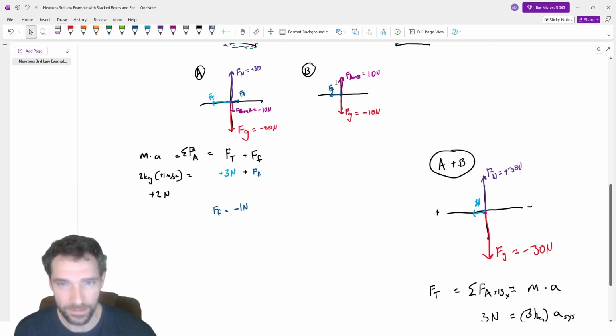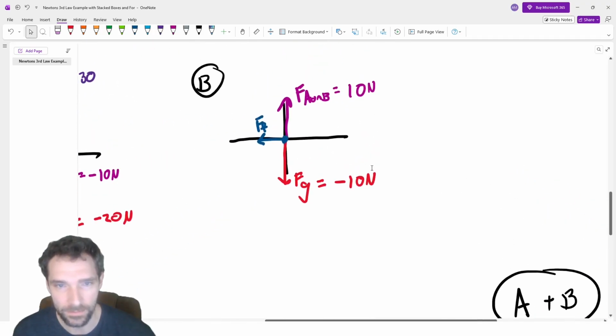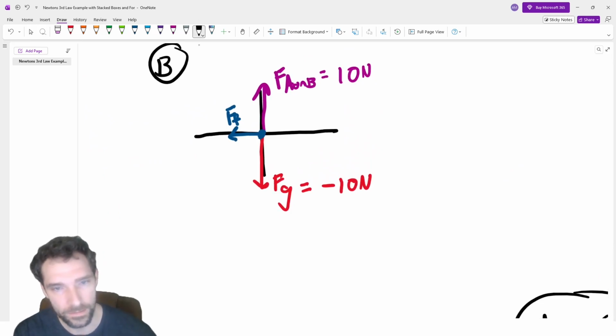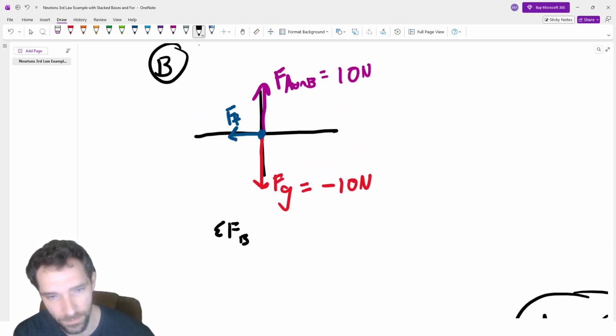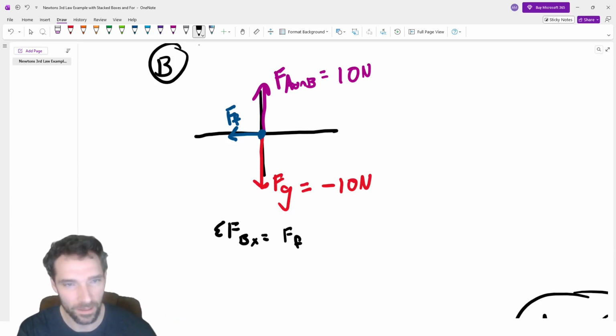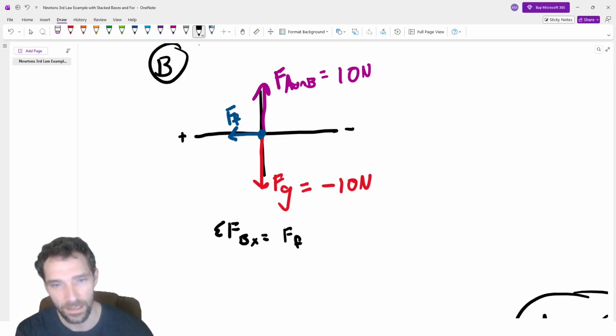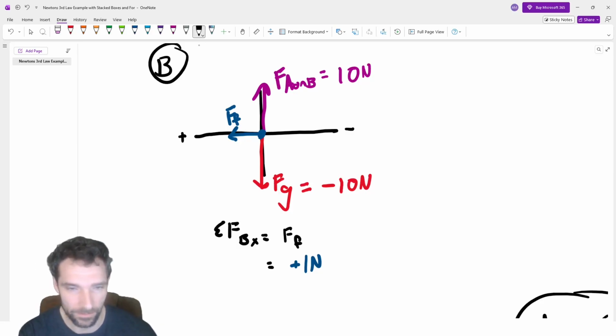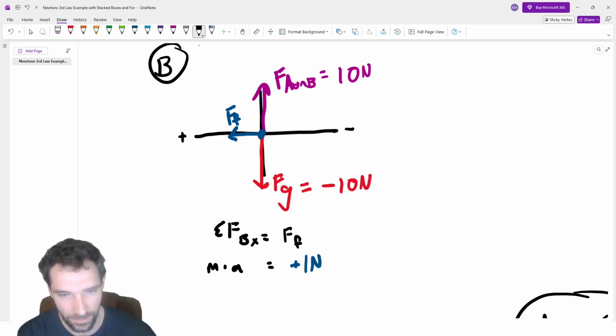And that lets us talk about what's going on for object B. So if we look at object B, its sum of forces in the x direction is just that force of friction. And because that's the positive direction going to the left side, we now need to notate that as +1 newtons, which is equal to object B's mass times its acceleration.